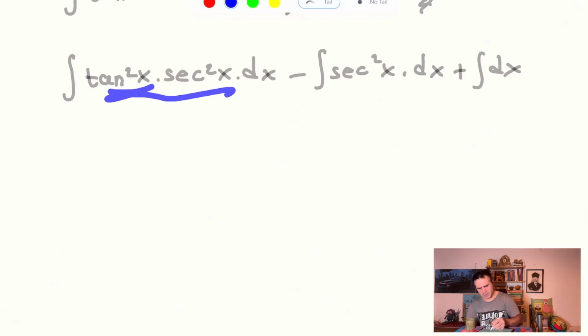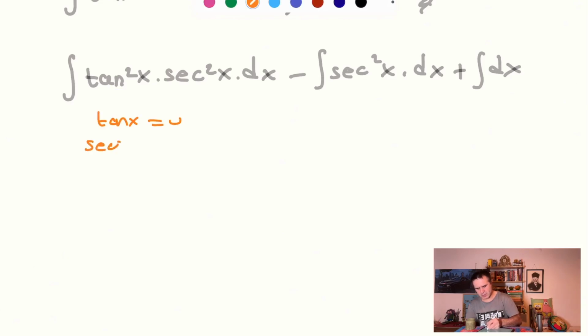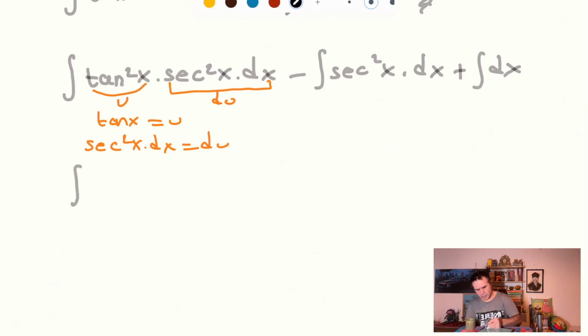For this integral, you will say that tangent x is equal to u. Then secant square of x dx will become du. Then this is du and tangent x is u. Then the integral becomes the integral of u to the power of 2, u square, times du. Then how do we integrate this?